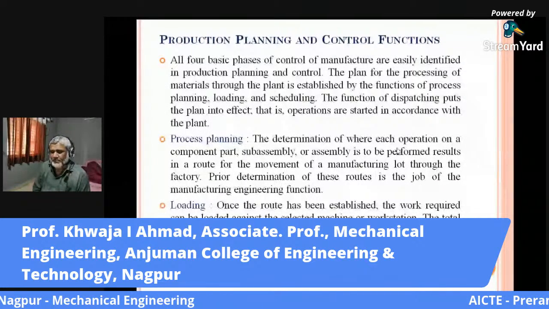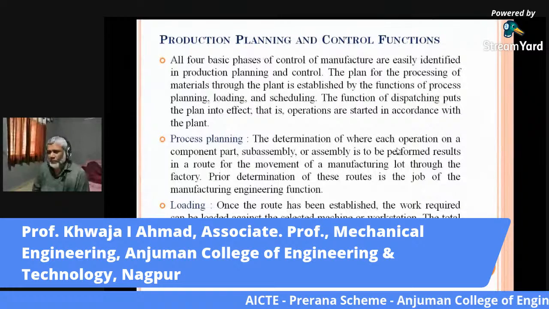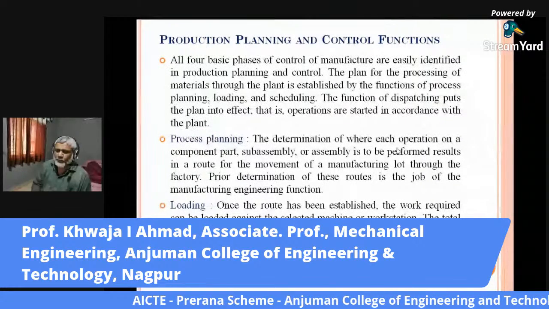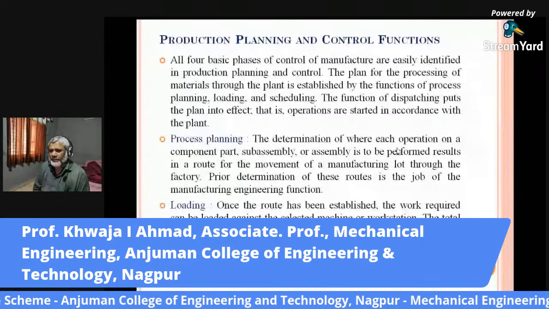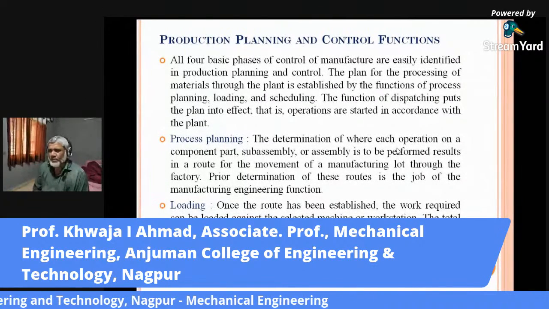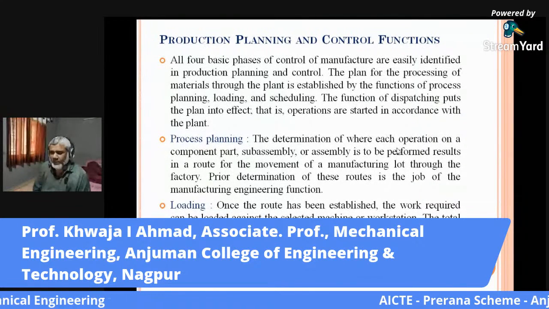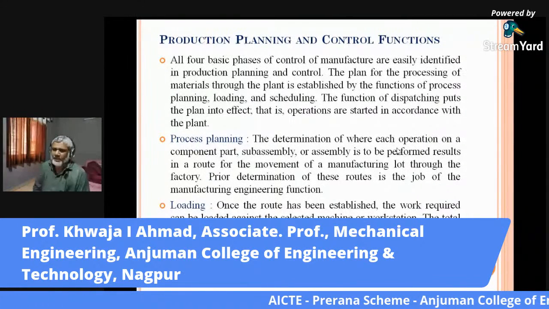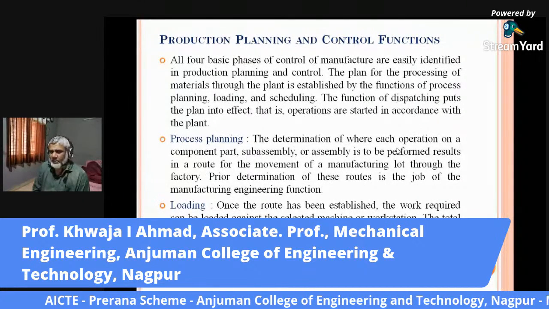Suppose, for an example, you want to make a keyway on a shaft. Which machine and which process has to be selected is of utmost importance. The keyway can be manufactured on a planer or on a shaper. It can be manufactured on a milling machine also.